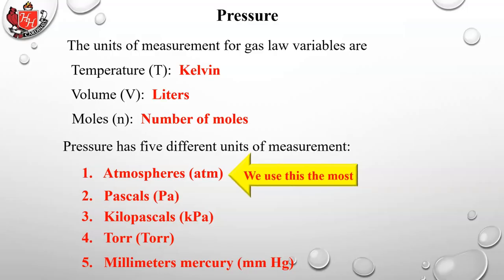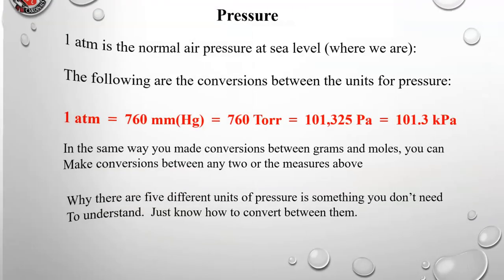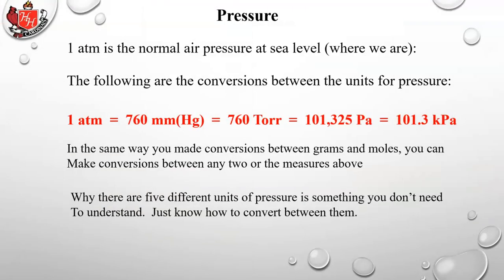The one we're going to use the most is atmospheres. Basically, the pressure that you feel right now at sea level in this room is about 1 atmosphere. So 1 atmosphere is the normal air pressure at sea level where we are.